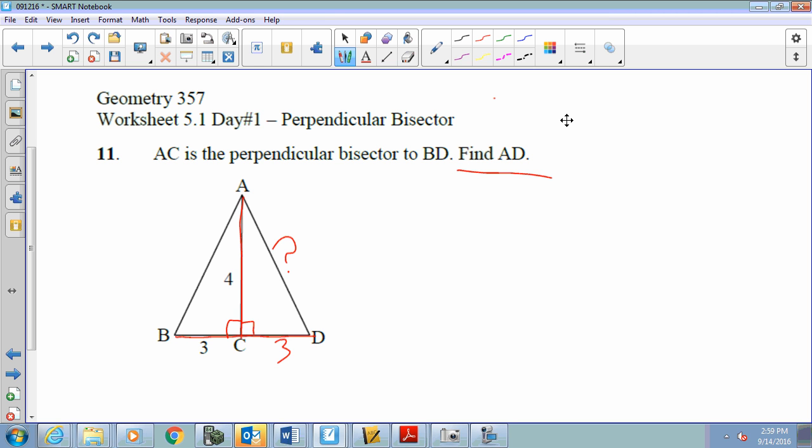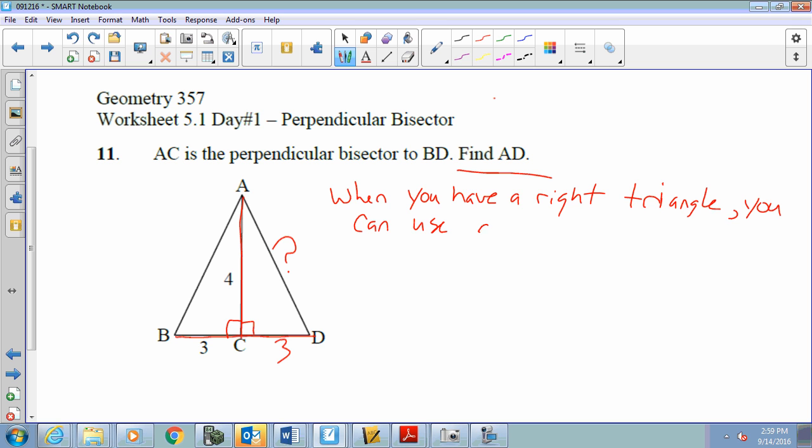When you have a right triangle, you can use a squared plus b squared is equal to c squared. So in this case, we're going to do 3 squared plus 4 squared is equal to, we're going to call this x squared, right?